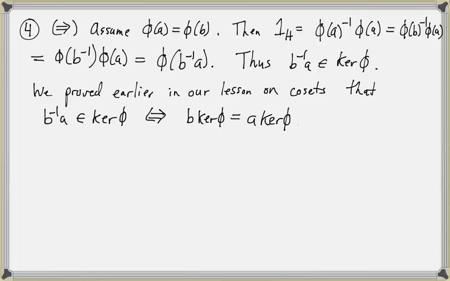And that's what we need to show. So therefore, if phi of a equals phi of b, then b kernel phi equals a kernel phi. Now for the converse, we can just reverse the previous argument.